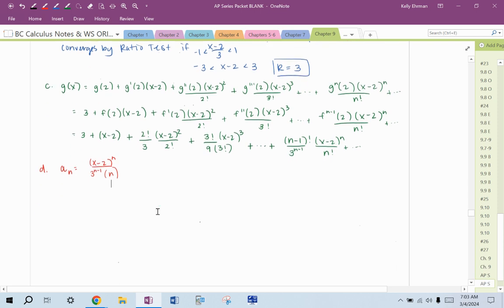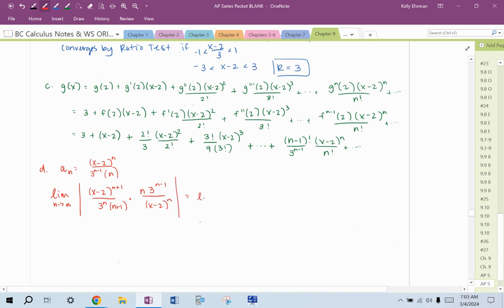And so when I do my ratio test on that, I get x minus 2 to the n plus 1 over 3 to the n plus 1 minus 1 times n plus 1, multiplied by the reciprocal of this nth term. All right.